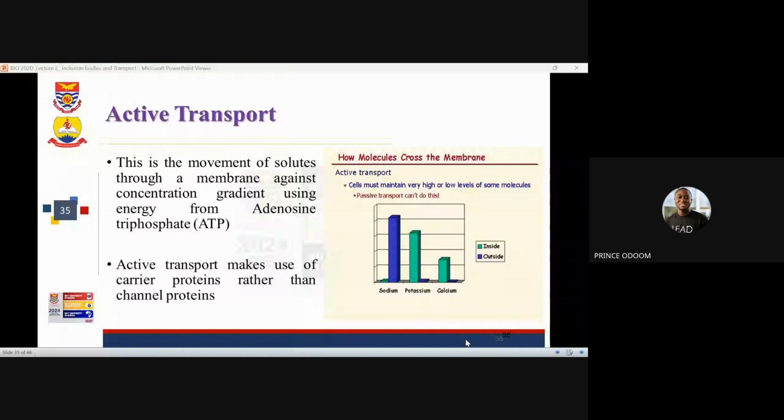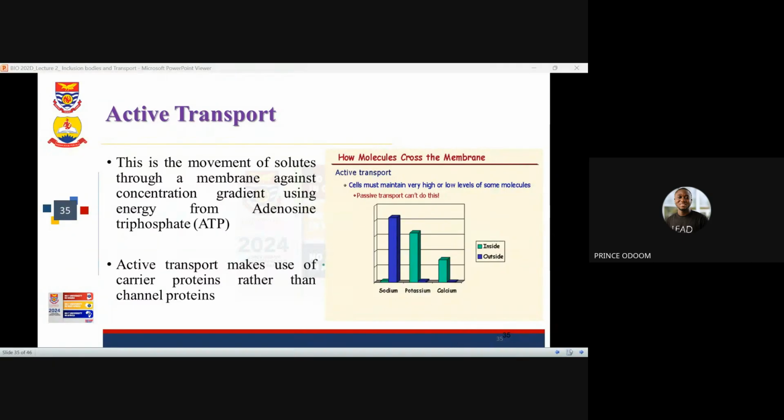Okay, Philemon. With that, you would need a water pumping machine to pump the water from the borehole to the tank upstairs. Yes. Without a pumping machine, there's no way the water is going to move from the ground to the tank at the top. That is active transport.